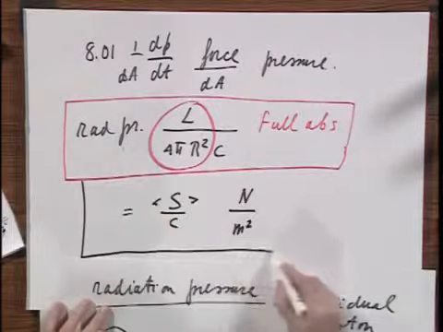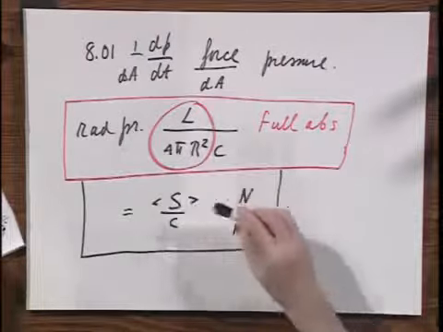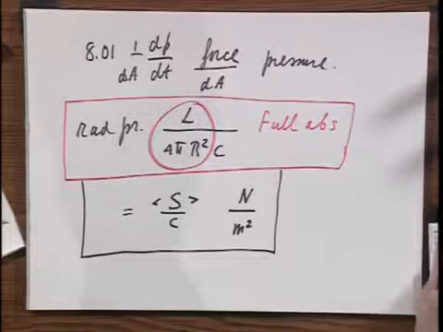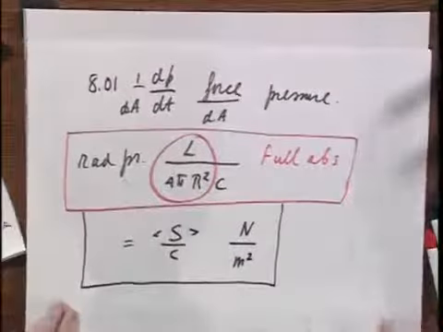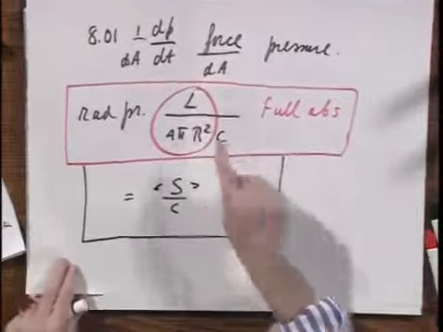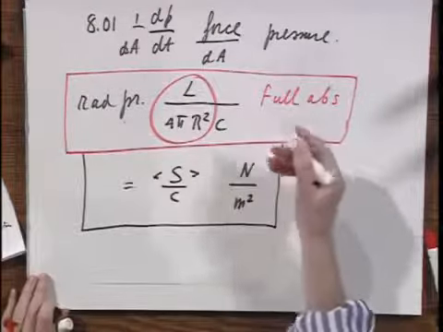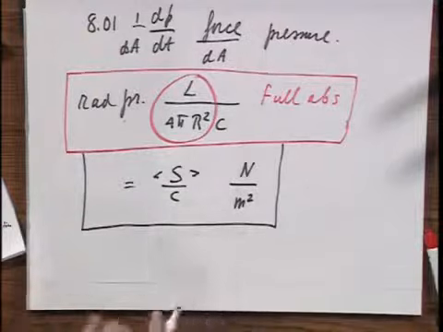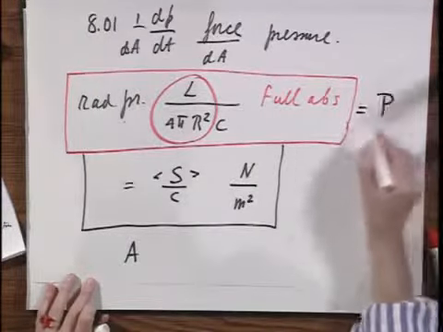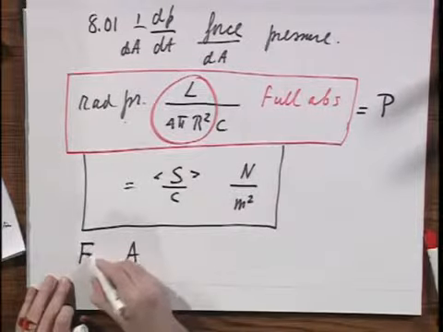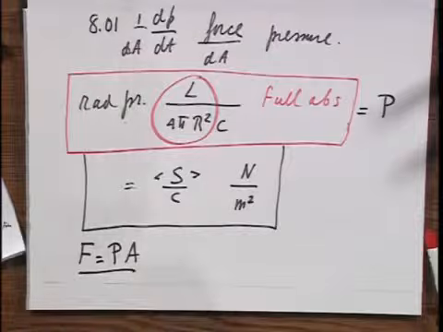So whichever one of the two you want to apply, it's fine. Either one will do. So the radiation pressure, when we have full absorption, is given by this quantity. And if this radiation pressure, which I call T, acts on a surface which has area A, then the radiation force would be the radiation pressure times the area A.